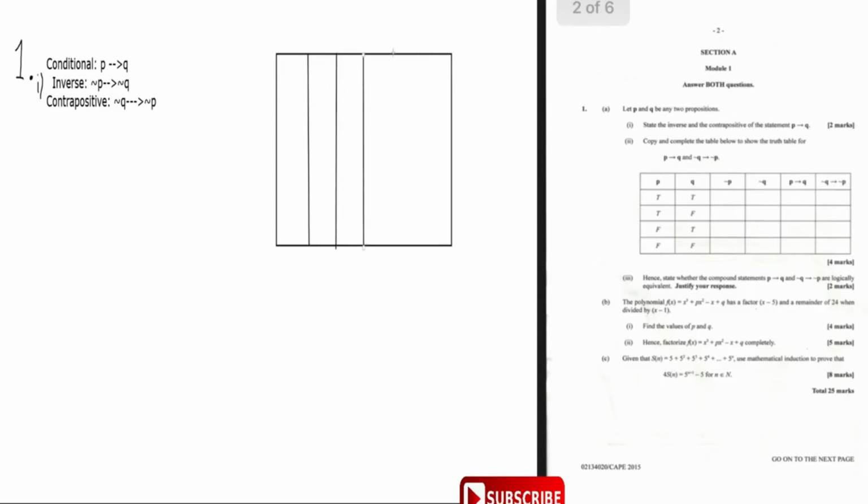Then we have not Q. Then we have P implies Q. And we have not Q implies not P. So this takes care of all of them.